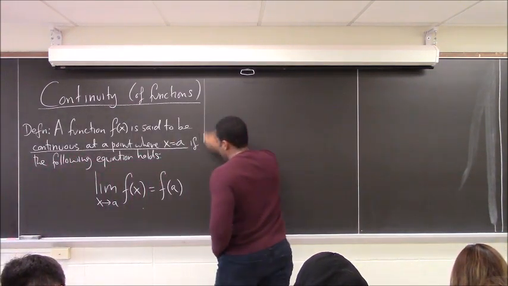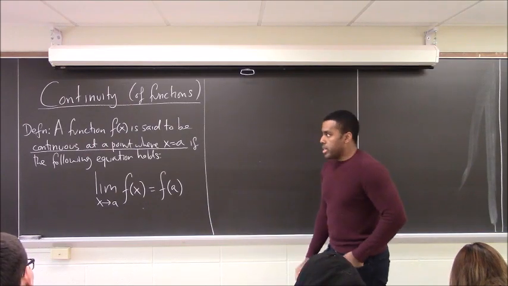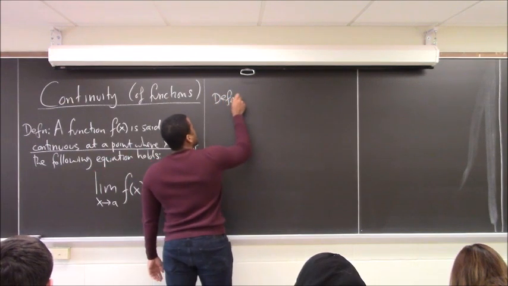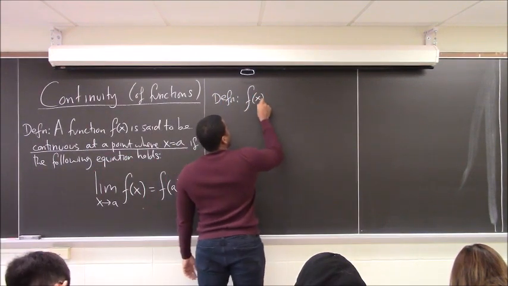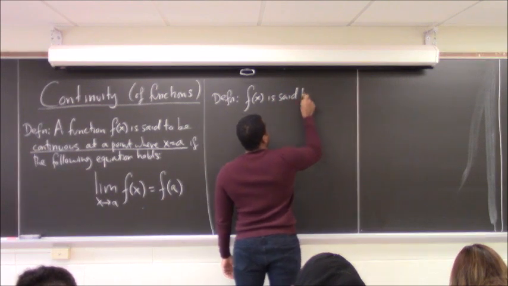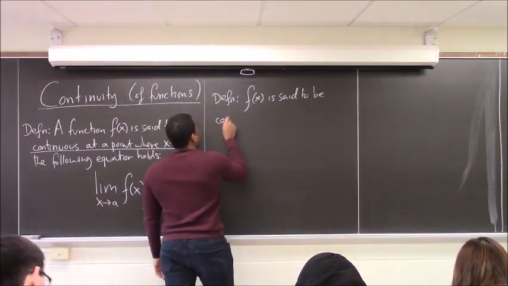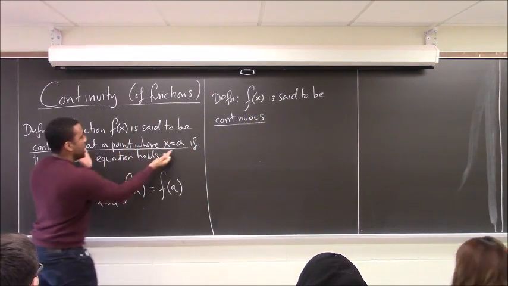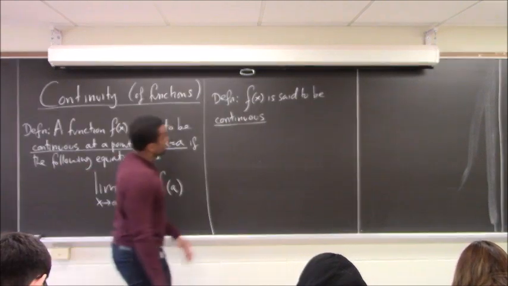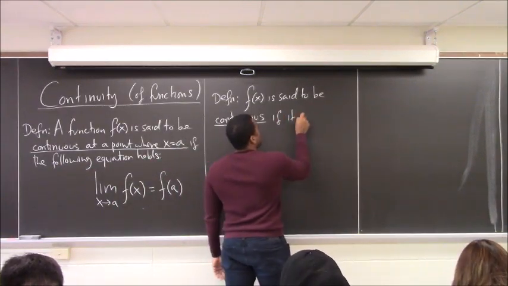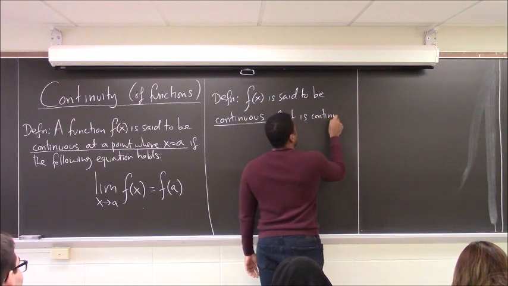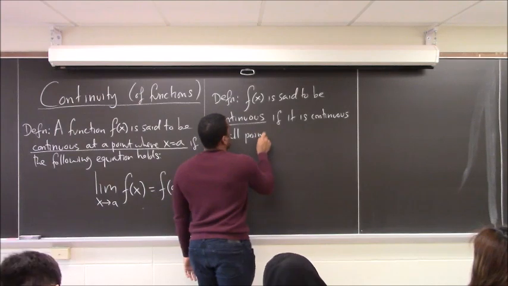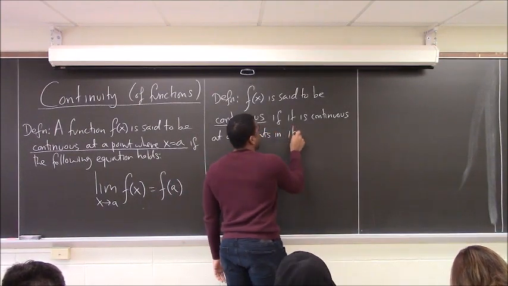We also have a notion of being continuous in general, or having some sort of general continuity, and that is the following. F is said to be continuous, right? So not continuous at a point, just continuous, period, if it is continuous at all points in its domain.